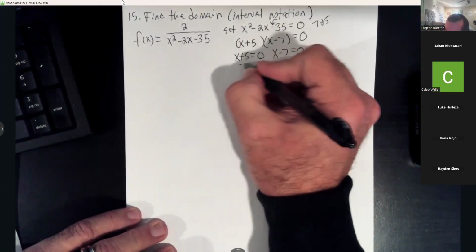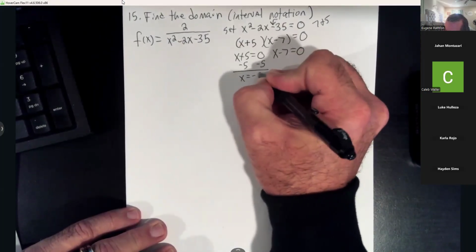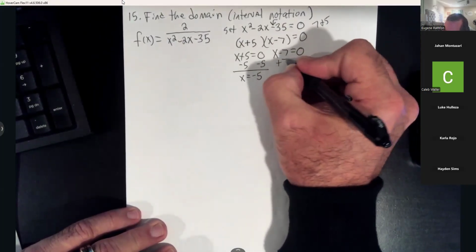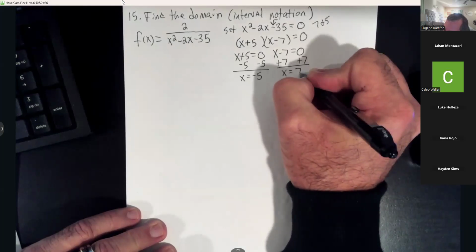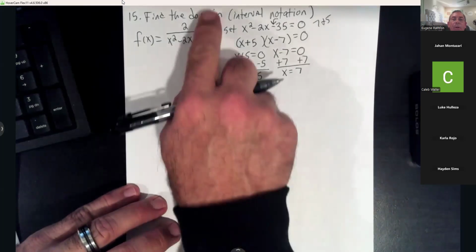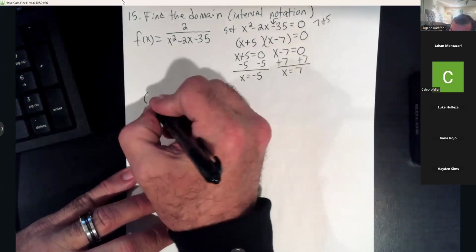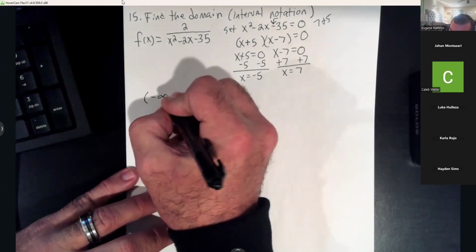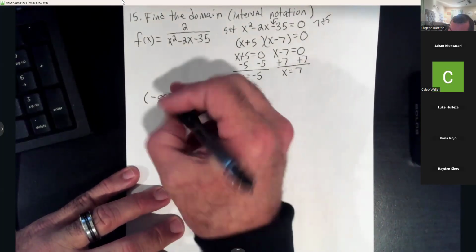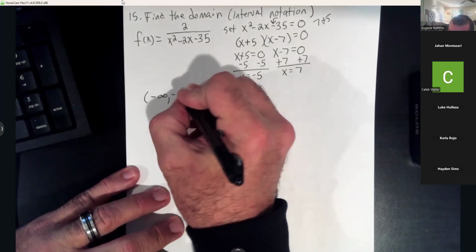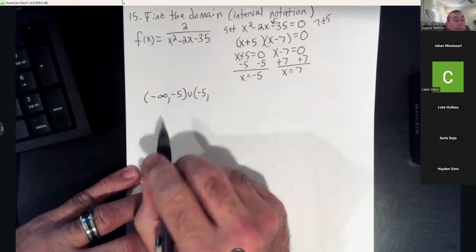So, y'all, I'm going to subtract 5 on the first one. I get x is a -5. Second one, I'm going to add 7 and get x is a +7. So the domain needs to be in interval notation. So the domain would start at -infinity. And let's see, we're going to hit the negative number first. So we're going to kick that negative number out by unioning around that -5.